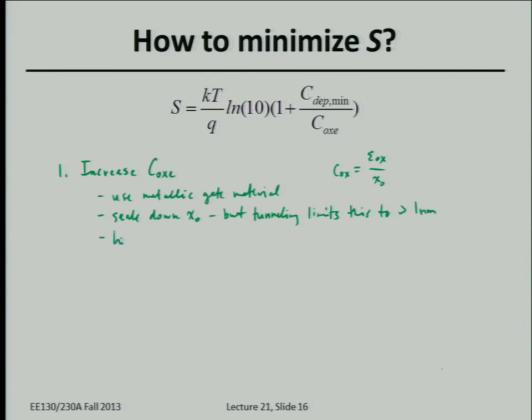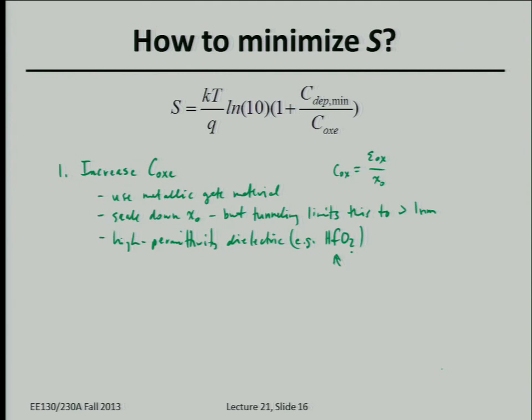Right, so use a high permittivity dielectric. Today, I think it's some kind of metal oxide, like hafnium dioxide. It's hard to say, because these are relatively thin also, still only a couple of nanometers thick.